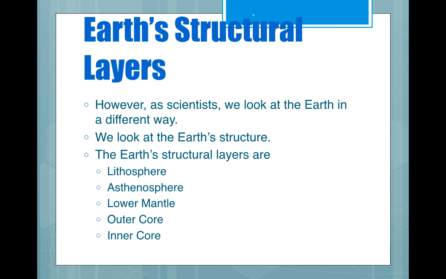The asthenosphere is the layer of the Earth that the lithospheric plates are moving on top of. The asthenosphere is moving. The lower mantle is that extra part of the mantle that we know is structurally different than the asthenosphere. We know it's structurally different than the outer core, so it has its own classification.